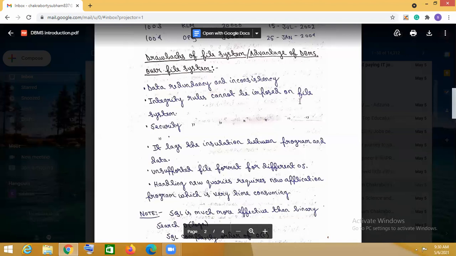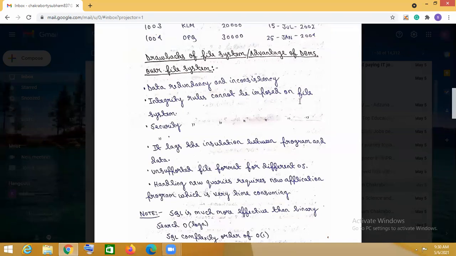If we use different operating systems, like Windows and Mac, they require different file formats, so the file format present in Windows will be unsupported on Mac.